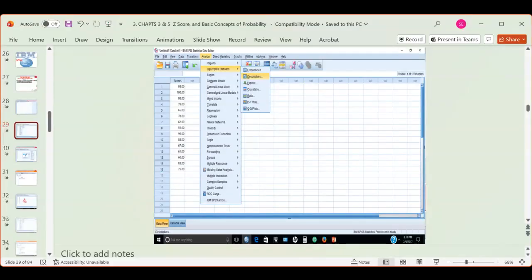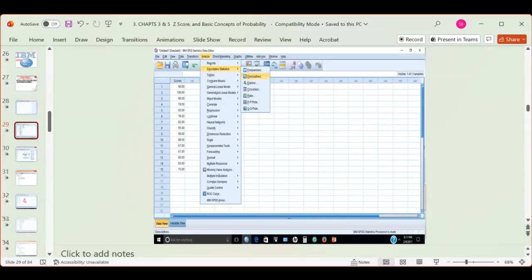So a student comes to you and says, hey, professor, I know I did 78, but where am I standing in class? Is this good? Is that average? Or did a lot of people do better than me?